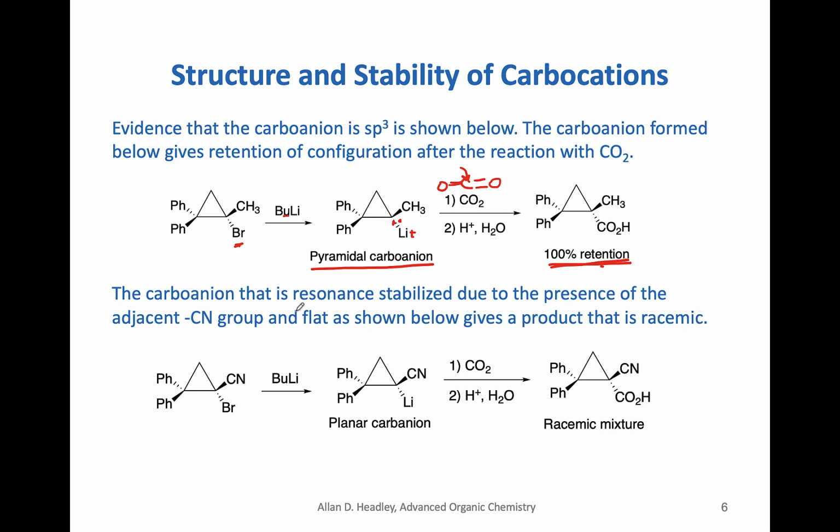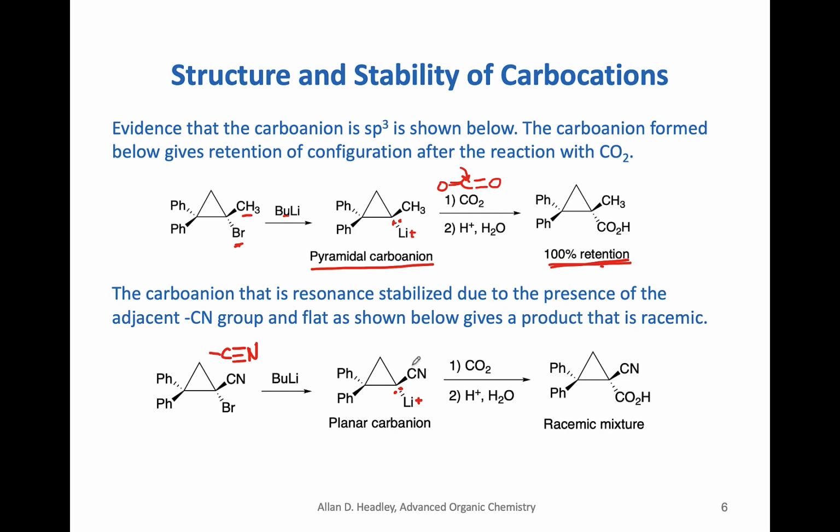Let's look at this one. In this case, we will replace this methyl group with a CN, that's a C triple bond to an N. Notice the pi system. Same reaction here to create the carbanion right here and lithium here.